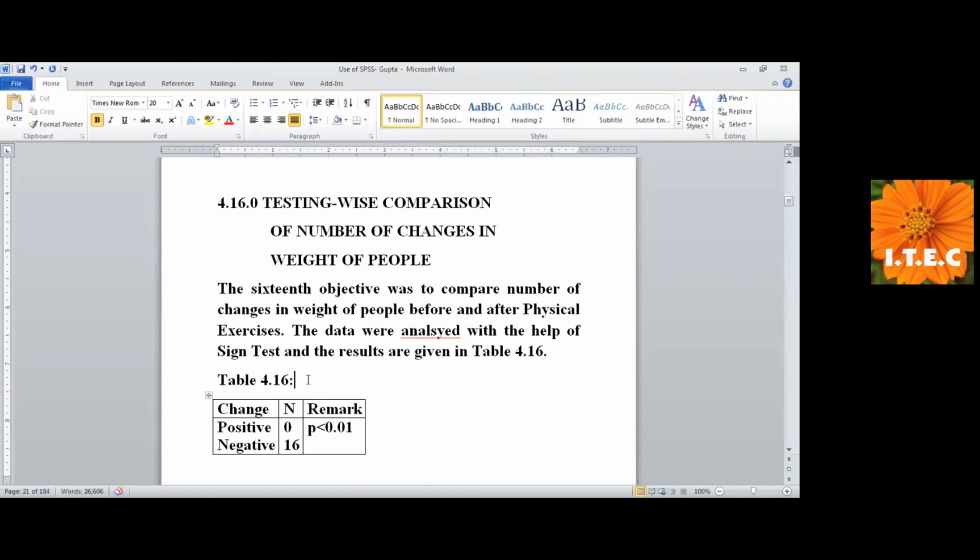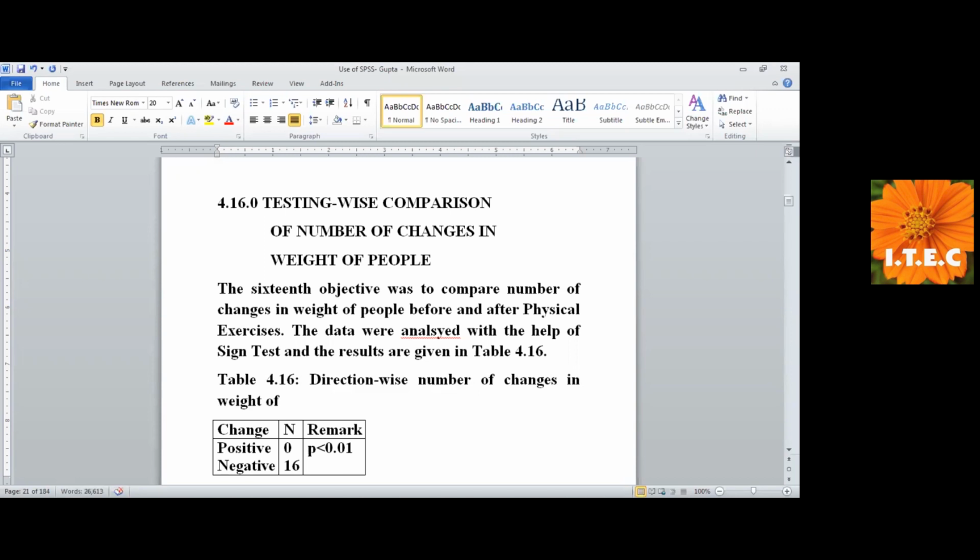So here, direction wise, number of changes in weight of people due to physical exercise.